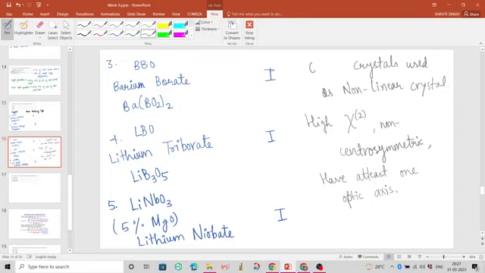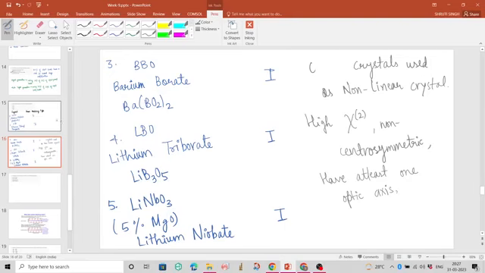There are many more conditions for a crystal to act as a nonlinear crystal. So we have very few restricted crystals which are used in such instruments, and that's why they are costly also.